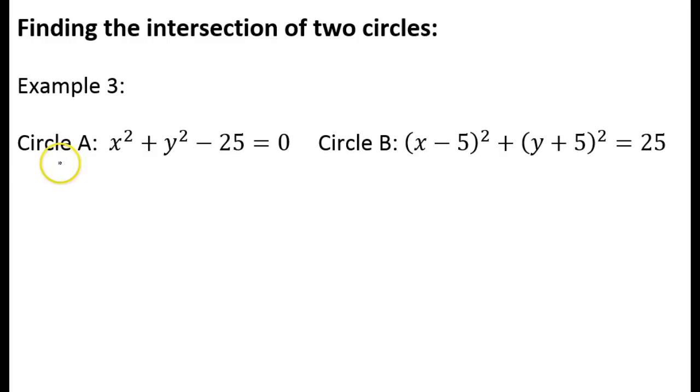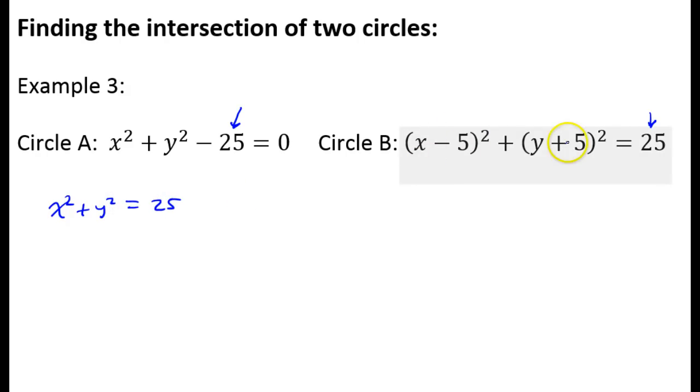For example 3, we have 2 circles and we need to find the intersection of them. Now I'm going to take advantage of a coincidence that I see. Do you see that I have negative 25 here and then I have positive 25 here? If I were to add 25 to both sides, I will have x squared plus y squared is equal to 25.